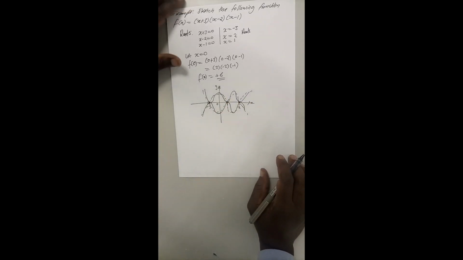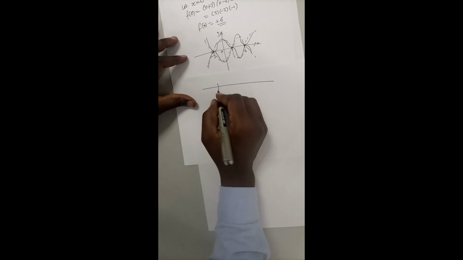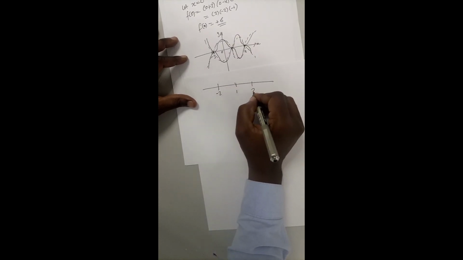So how do you know the actual nature of this graph? For you to determine that, you must do some testing. So you get the roots, put them on the line. There is your negative 3, your 1, and your 2.